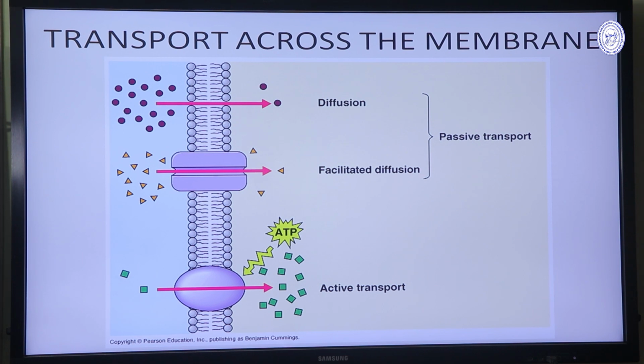Now, this mechanism can be of two types. One is passive transport, another is active transport. The passive transport means this kind of transport mechanism does not involve any expense of ATP. So, ATP is the money, you can say it is a cellular currency, that is not used in case of passive transport.